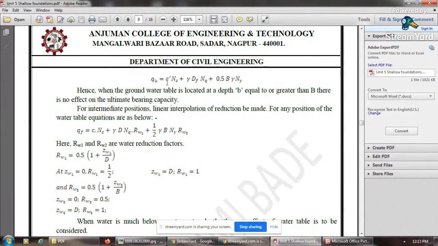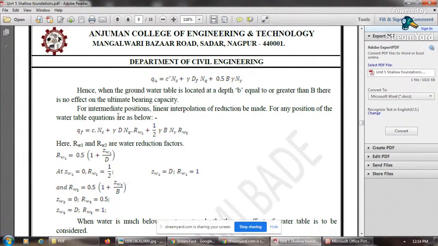So the formula is qu equals c' Nc plus gamma Df Nq plus 0.5 B gamma N gamma. Hence, if the groundwater table is located at a depth b equal to or greater than B, there is no effect on the ultimate bearing capacity. For intermediate positions, interpolation of reduction may be made.